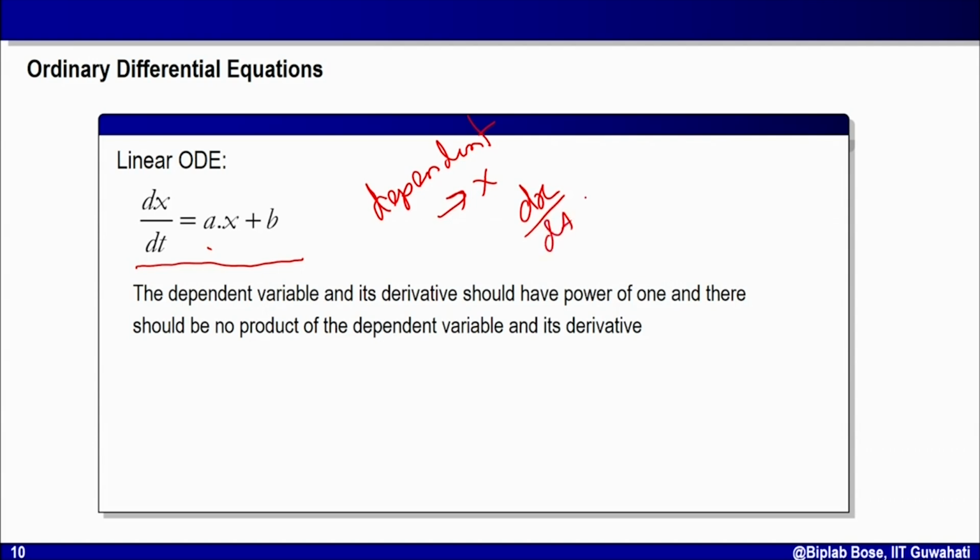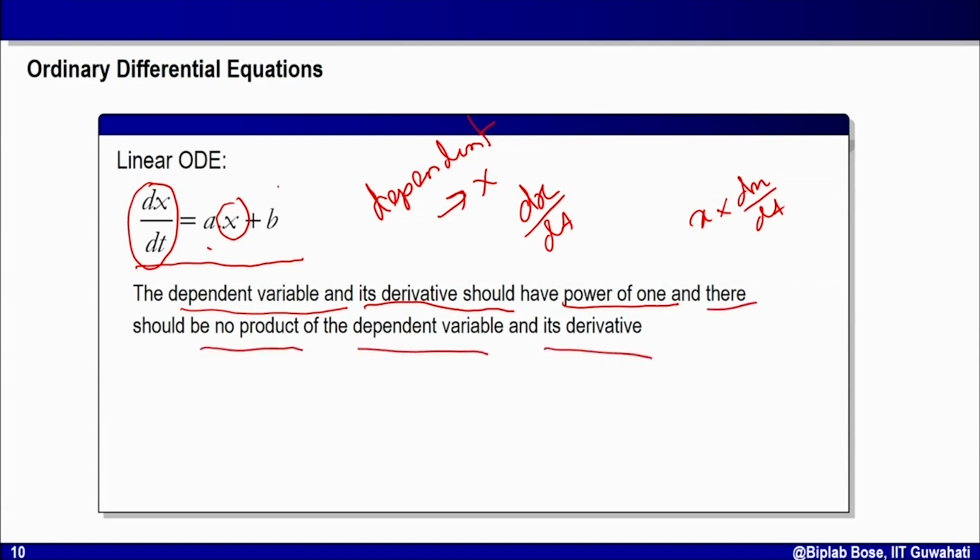The power of x is 1 here and there is no power higher than 1 for dx dt also, and there is no product of x and dx dt. So as these two conditions are met, that the dependent variable and its derivative have power 1, and there is no product of the dependent variable and its derivative, this particular ordinary differential equation is a linear ODE.